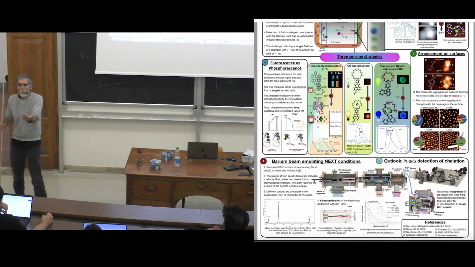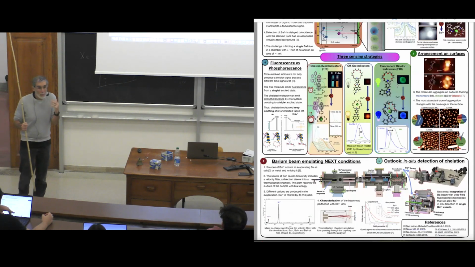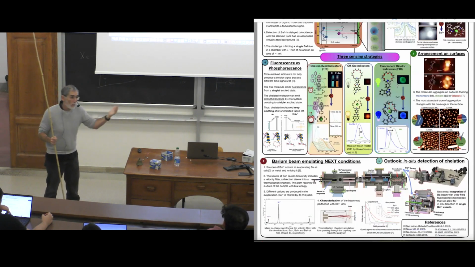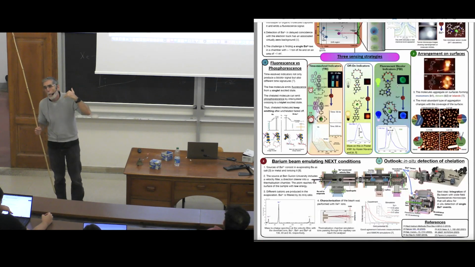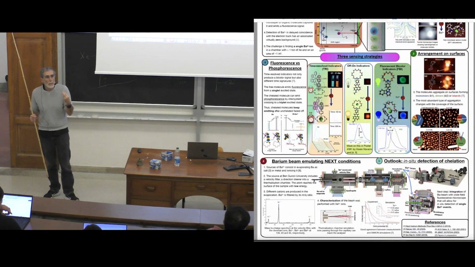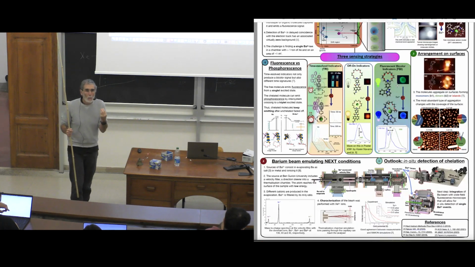First of all, you measure all these targets and characterize them without the barium. And then you put them one after the other, shoot with the barium, and characterize them with the barium and try to see at which level we are able to separate one ion.